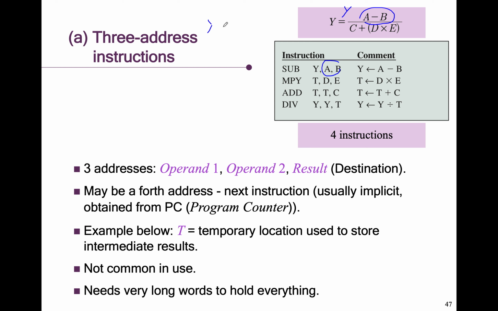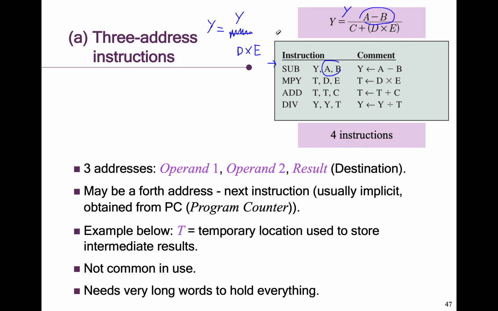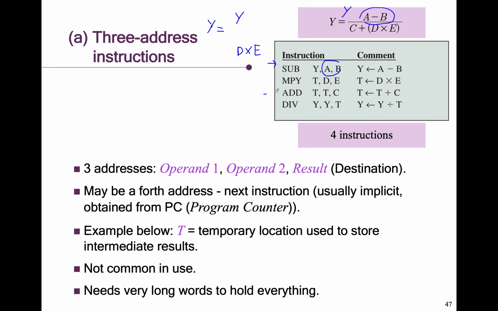So what you will get at the first line is Y. Then for this one you will multiply with E. Okay, and you can see the third one.